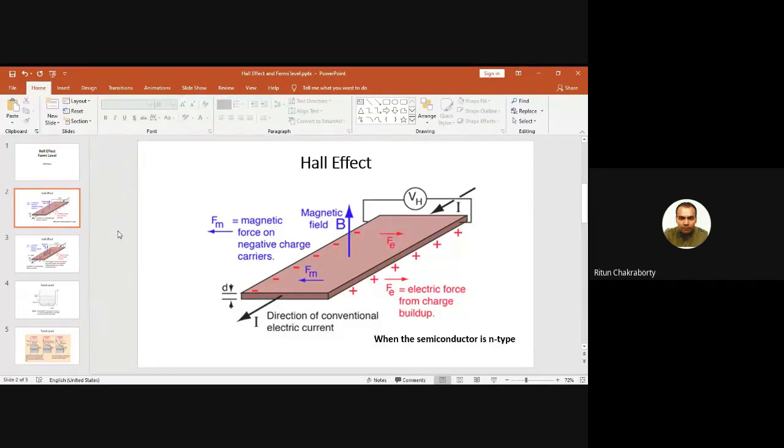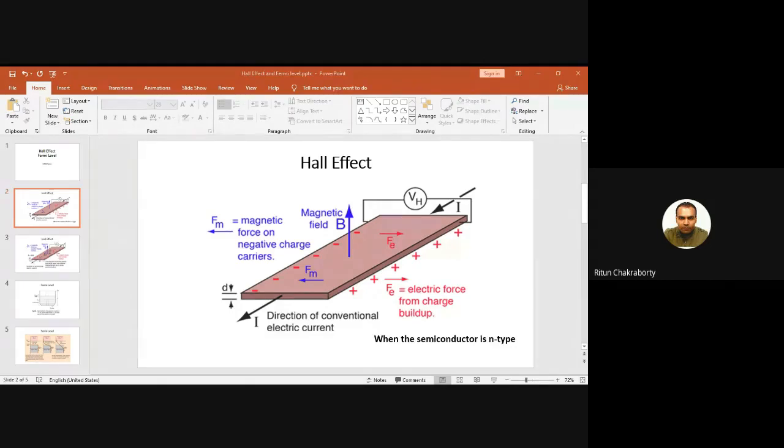Okay, this effect is known as the Hall effect, and this is the basis of many practical applications and devices such as magnetic field measurement and position and motion detectors. Okay. Then next we wrote about some applications of Hall effect.